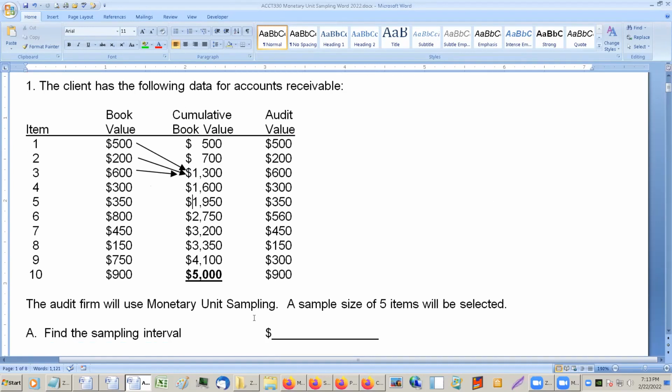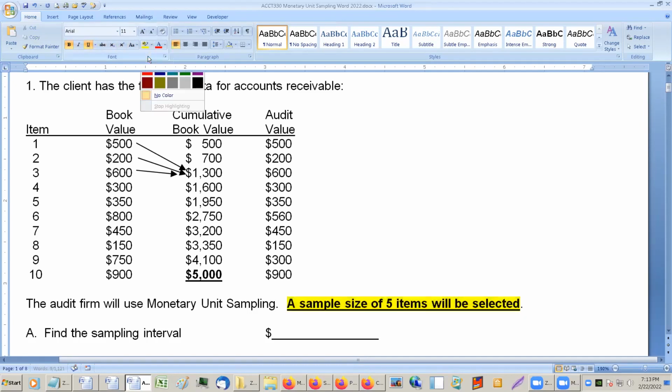Okay. Monetary unit sampling. We're going to have a sample size of 5 items to be selected. So here's what it does.